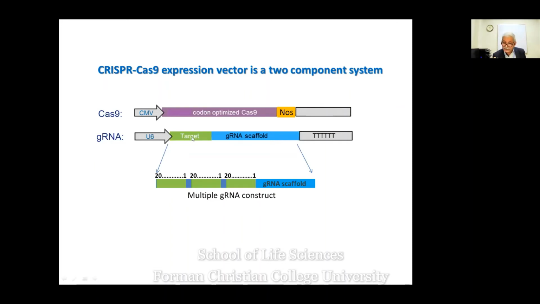But on that 20 nucleotide sequence, on the 5' end, you add one restriction site, and on the 3' end, you add the second restriction site. Cut the double-stranded DNA fragment of that synthesized DNA with the respective enzymes, cut the vector with the same enzymes, and clone that here. So you get a vector which will express the gRNA having that protospacer.